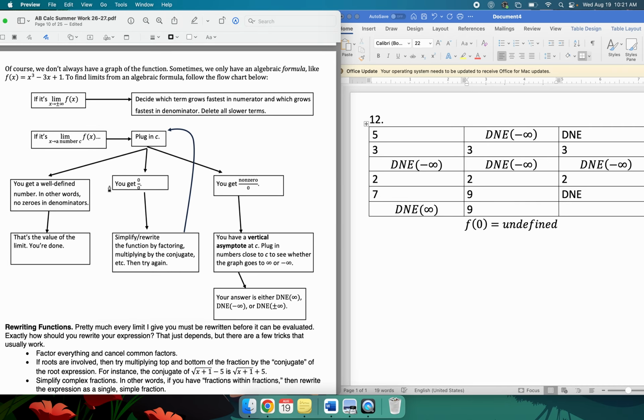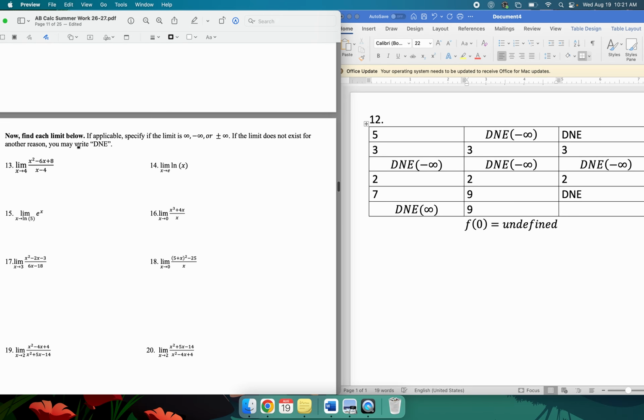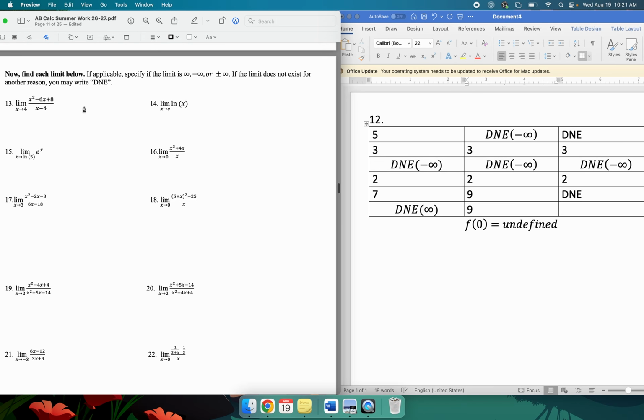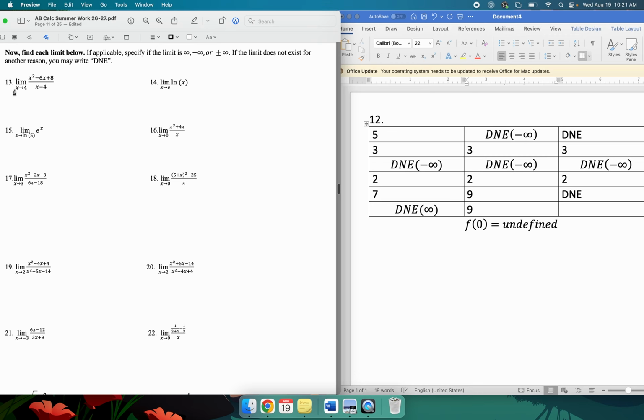So there's kind of two things that can occur, broadly speaking. Your x value could be approaching a number c, like it is, I think, in all of the exercises on this page right here. X is approaching 4. Natural log of 5, that's still a number, even though it's kind of a stupid number. 0, 0, 3. X is approaching a number in all of these problems.